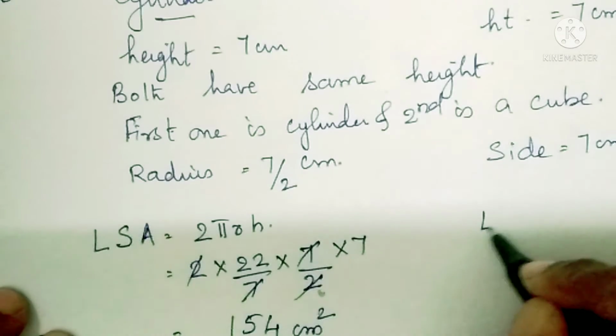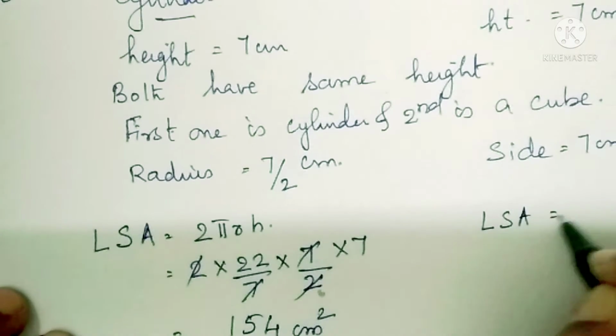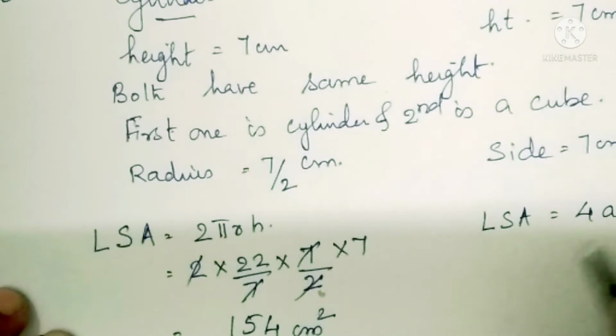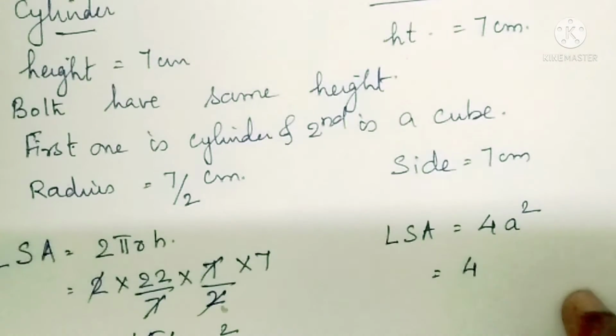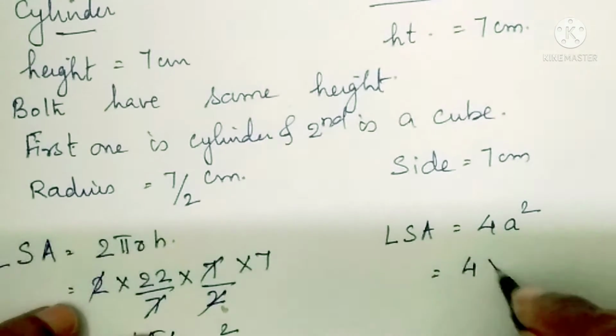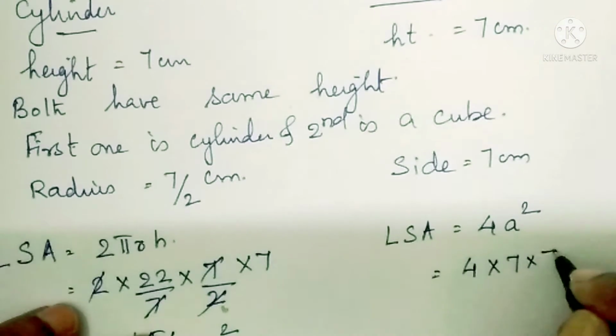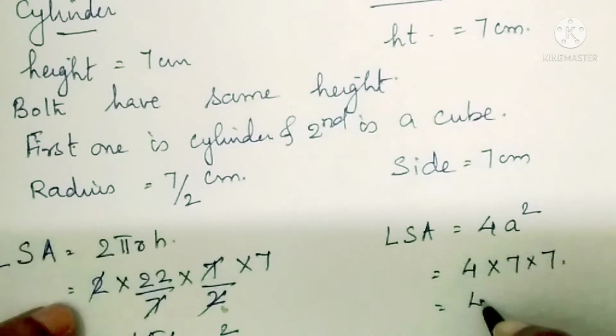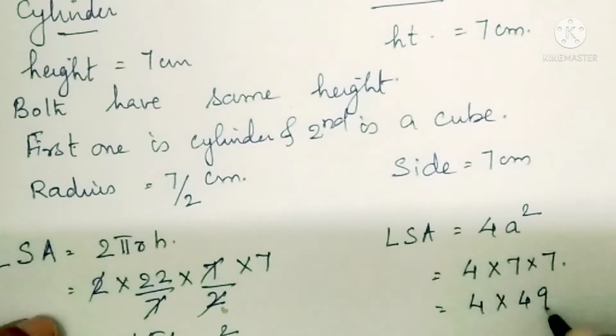Here LSA is equal to 4a square. 4 into, what is the LSA of a cube? It is 4a square. 4 into 7 into 7. That is 4 into 49.